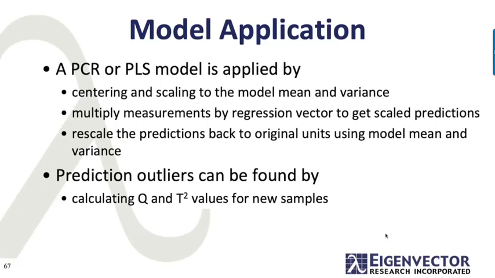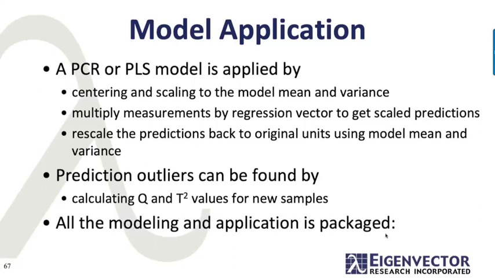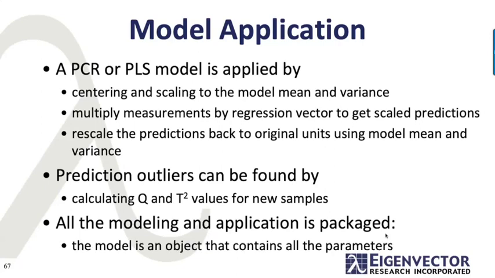And that's a very important aspect of these sorts of models, that they have those prediction outlier statistics. Of course, all of this stuff is packaged up. The model is an object that contains all the parameters, and so you don't actually have to worry about everything that's in it.